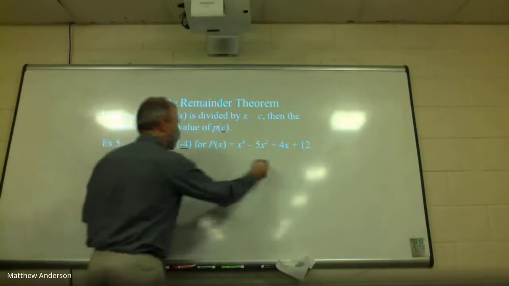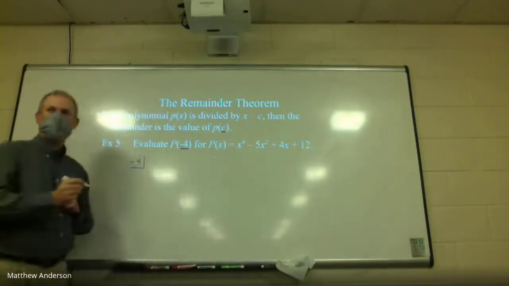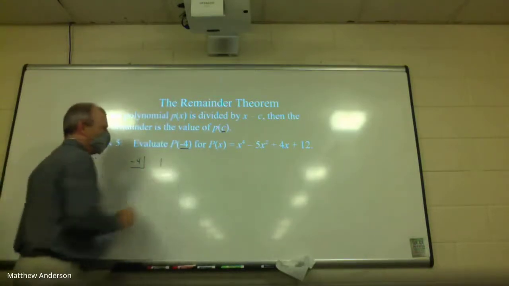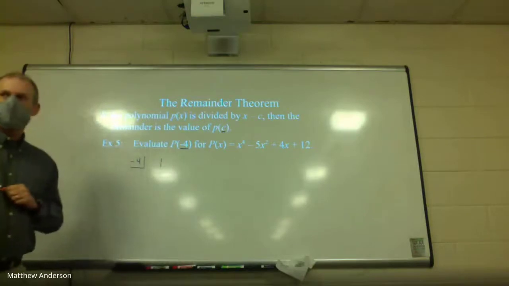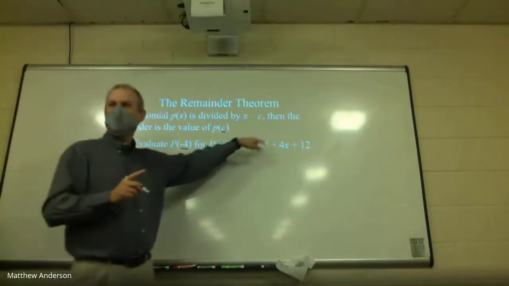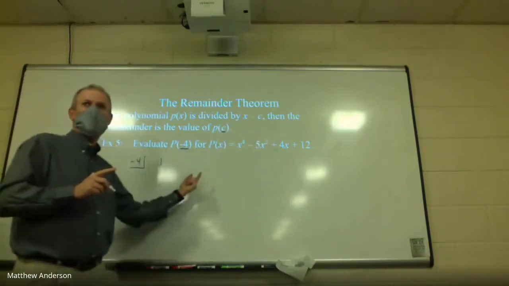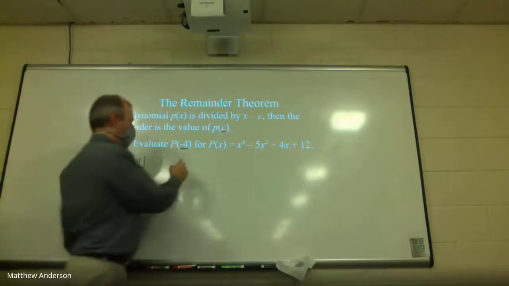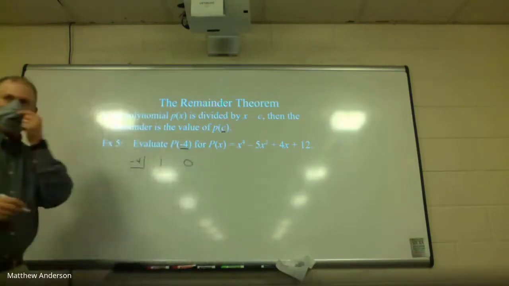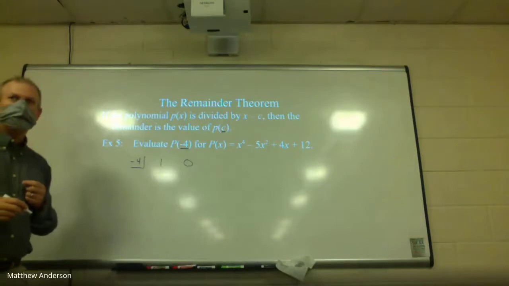Now, what are the numbers that are going to go here? The first one is 1. The second one, be careful, the second one is missing, right? X to the 4th, there's no x cubed. So what do we have to put in here? A 0. Okay. Do you need me to read this for you?